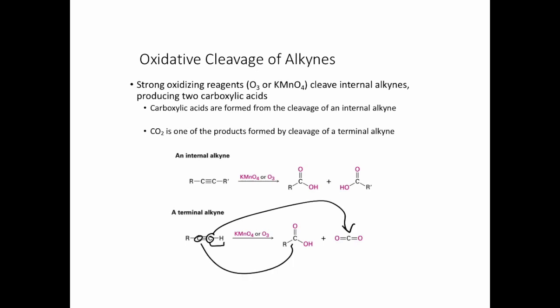This carbon is the carbon of the carboxylic acid. And here, this carbon would be that carbon of that carboxylic acid, and this carbon is that carbon of the second carboxylic acid. So again, we're chopping right down the center of the triple bond and then converting those functional groups into oxidized functional groups.